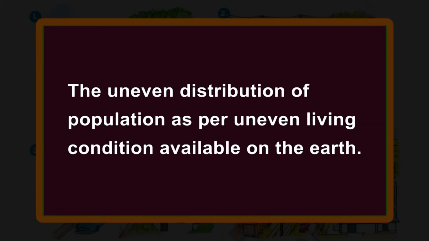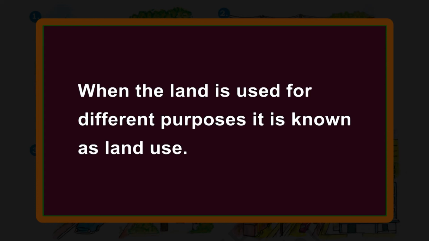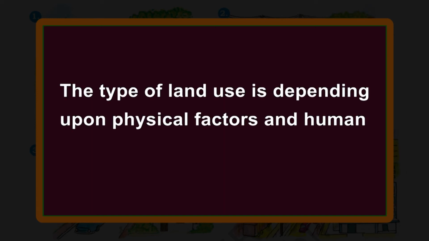So, students, today we have discussed about the first one, uneven distribution of population as per uneven living condition available on the earth. And when the land is used for different purposes, it is known as land use. And the type of land use depends upon physical factors and human factors.